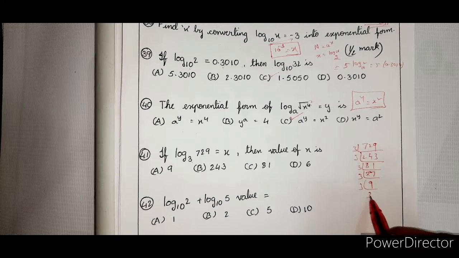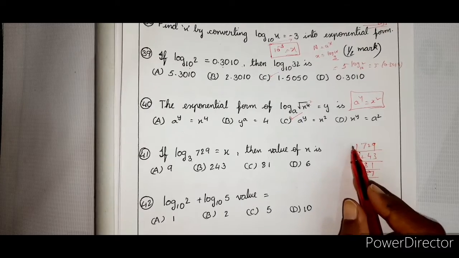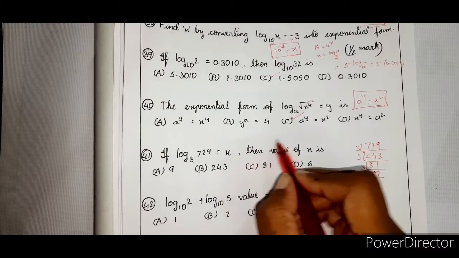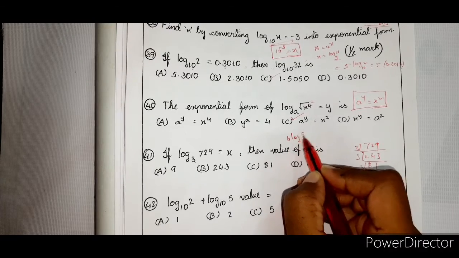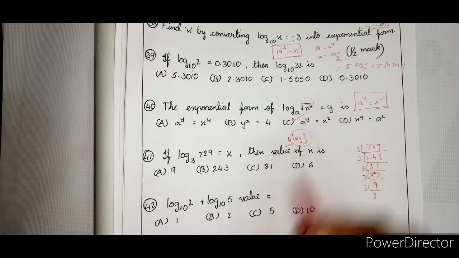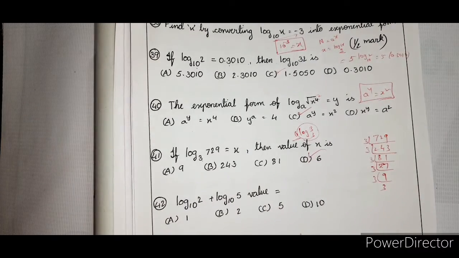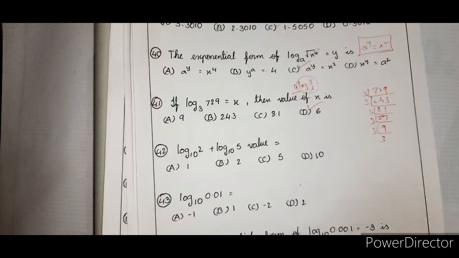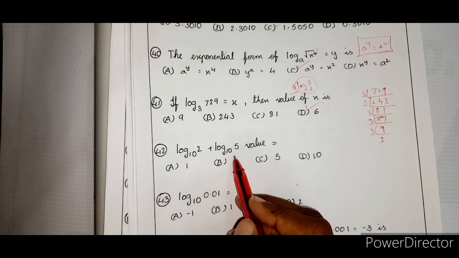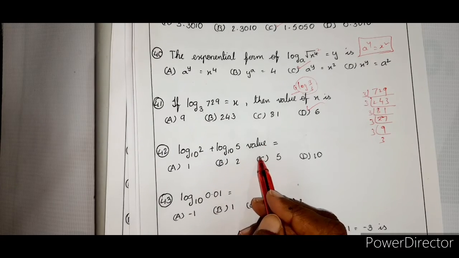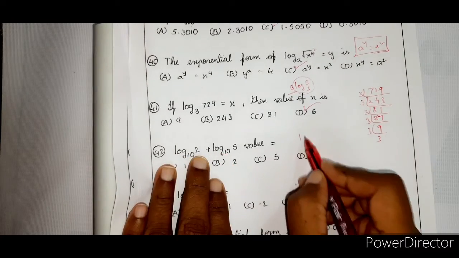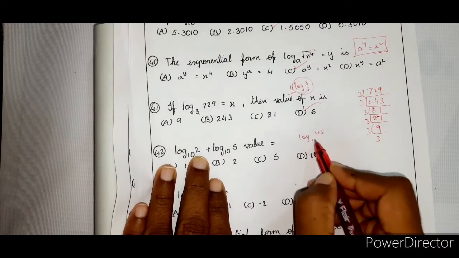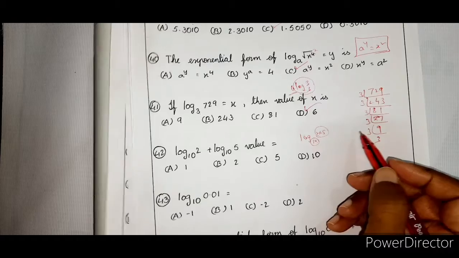So 3 to the power 6 is 729. So this is equal to 6 log 3 base 3, and log 3 base 3 is 1. So 6 is the answer. Right? Now log 2 base 10 plus log 5 base 10, what is the value? This is addition, log A plus log B, that means log AB base 10. So log 10 base 10 is equal to 1.